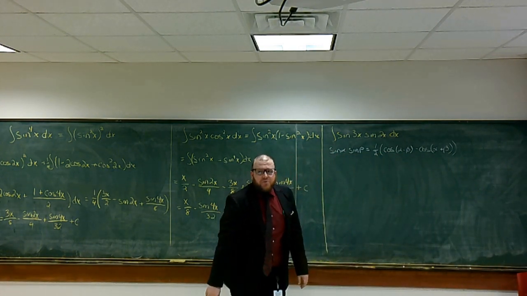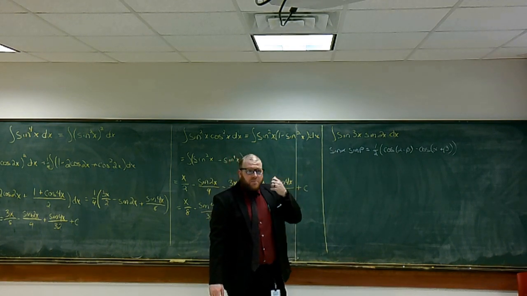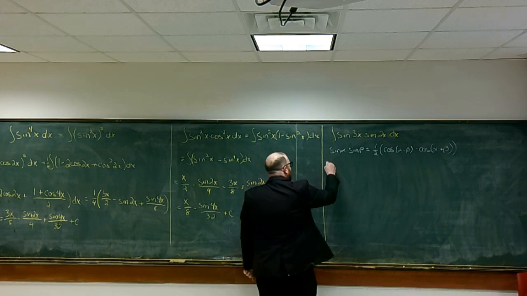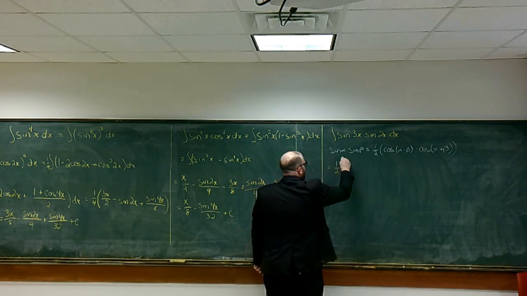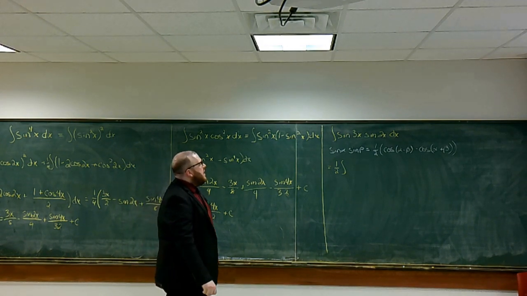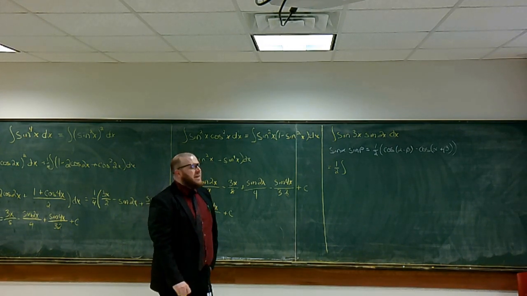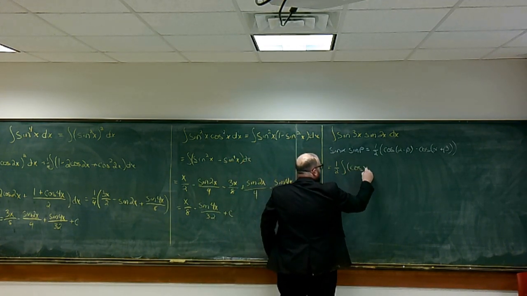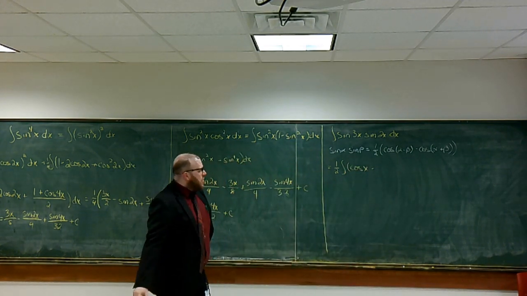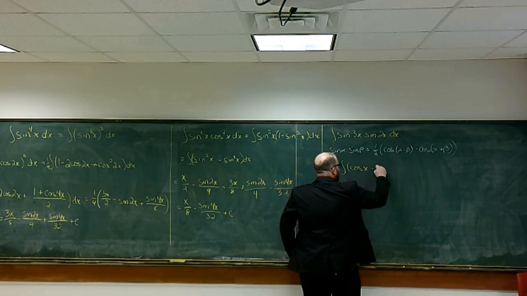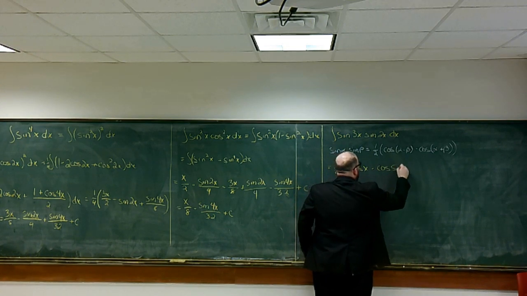So now you should see how we're going to proceed with these types of antiderivatives. Use the product to sum identity. Then one half, factor it out. Cosine of 3x minus 2x, cosine x, minus cosine of 3x plus 2x, cosine of 5x.